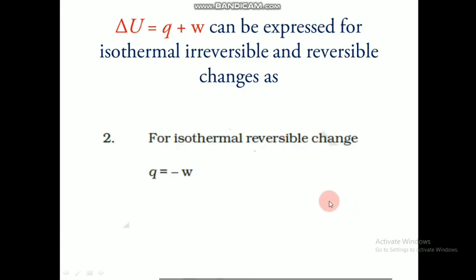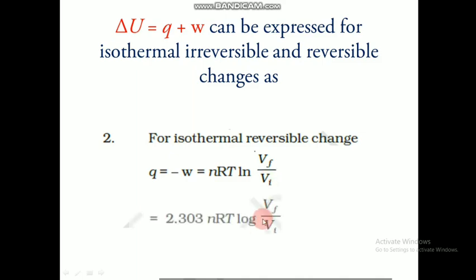For the second condition, we have isothermal reversible change. As it is isothermal and delta U is equal to 0, hence Q is equal to negative W, the same as we have done in the earlier step. So what will be the value of negative W in reversible change? For reversible change, we have found an equation which is nRT ln Vf by Vi. The same equation we substituted in log form, which was 2.303 nRT log Vf by Vi.